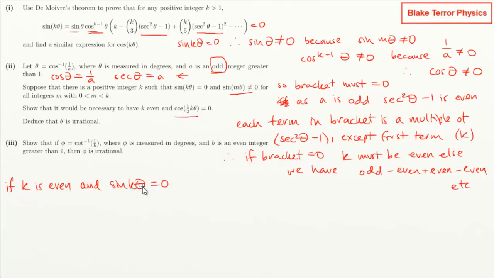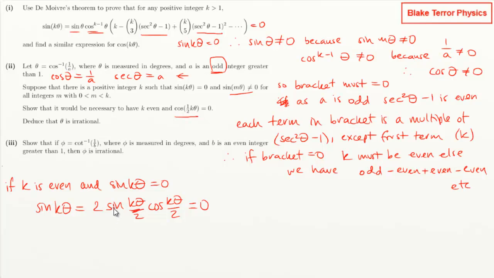So we're going to want to split this. I suggest we're doing double angle on this. So sine k theta is going to be 2 lots of sine k theta over 2 cos k theta over 2. Okay, and we want that to be equal to 0.